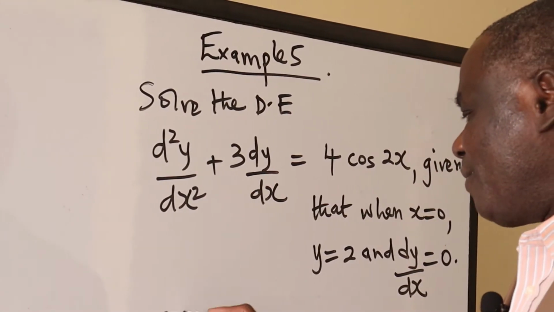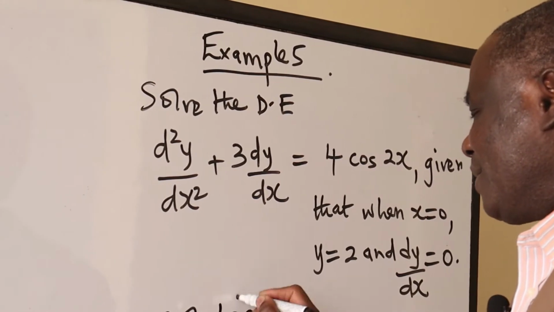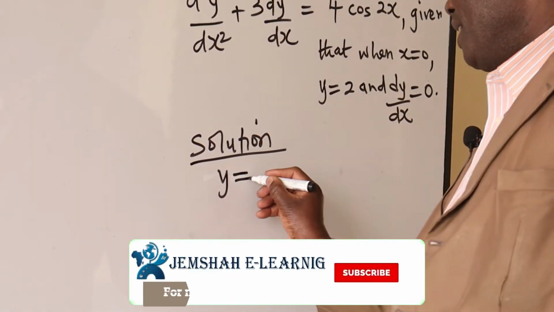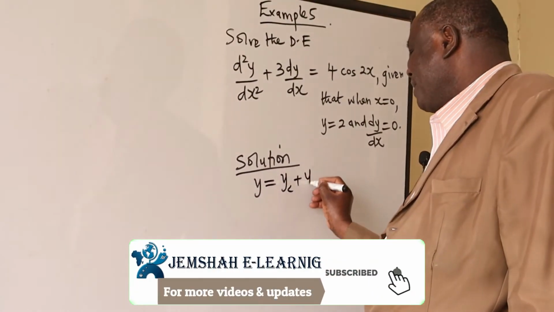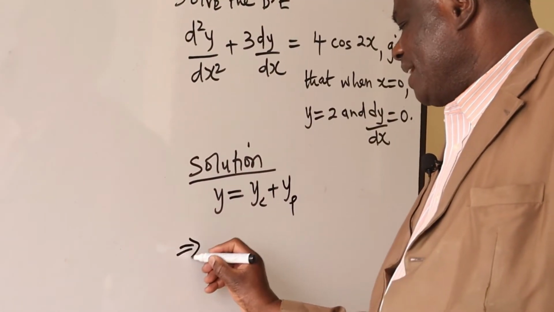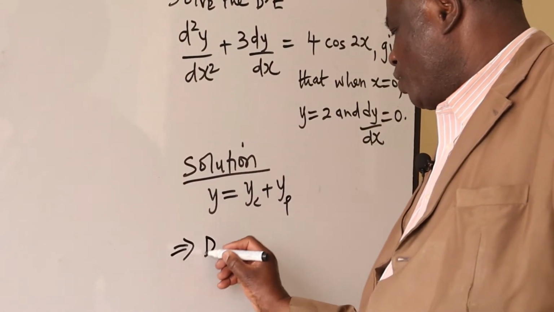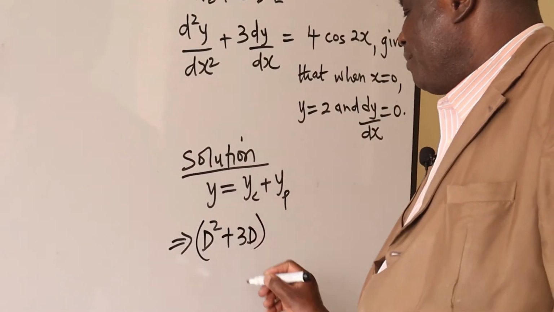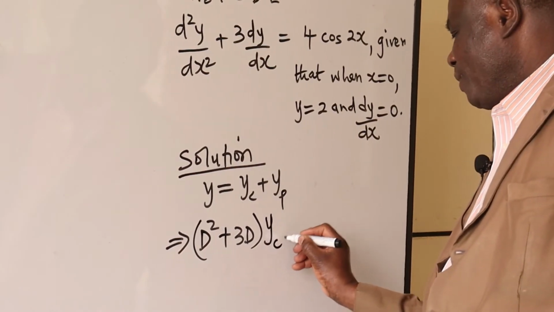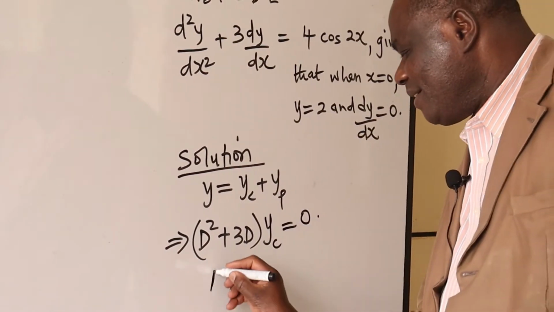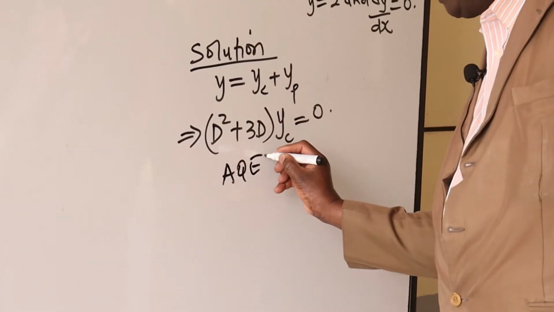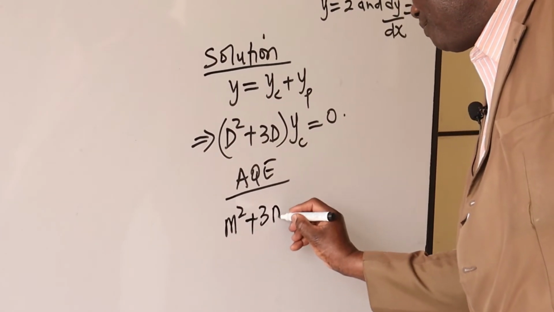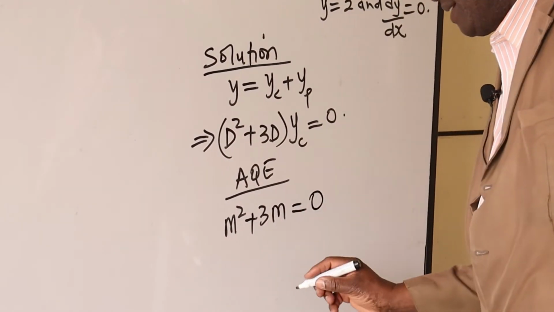So in our solution for this, since y is a function of x, y will be equal to yc plus yp. This implies our d squared plus 3d multiplying yc, we are supposed to get a 0. The auxiliary quadratic equation will be m squared plus 3m is equal to 0.